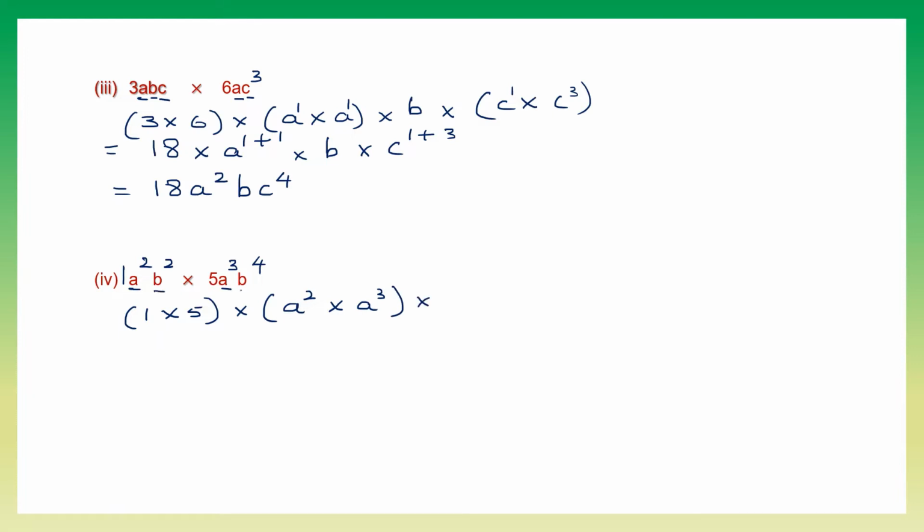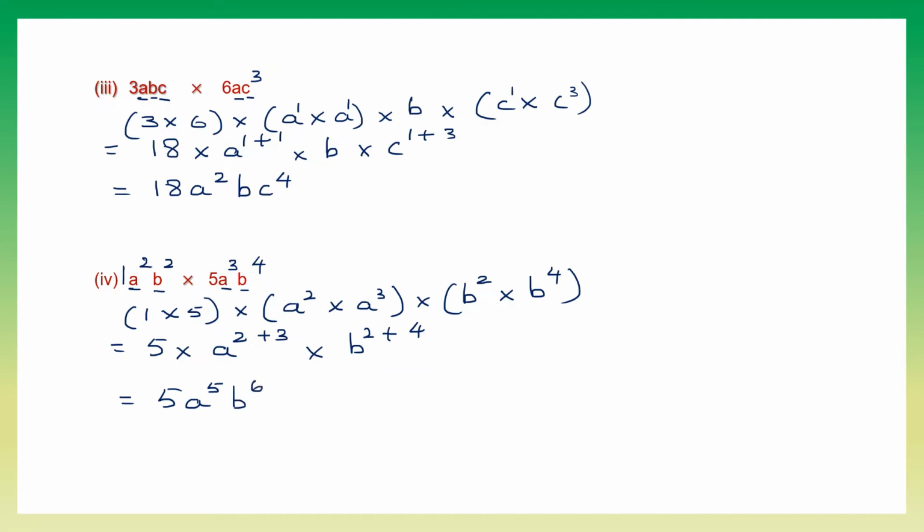B square and b to the power of 4. B square into b to the power of 4. So let's multiply. 1 5s are 5 into a to the power of 2 plus 3 into b to the power of 2 plus 4. That will be 5a to the power of 5 and b to the power of 6.